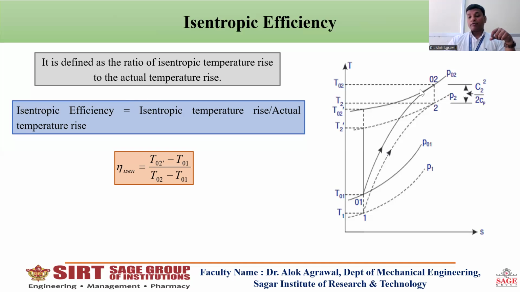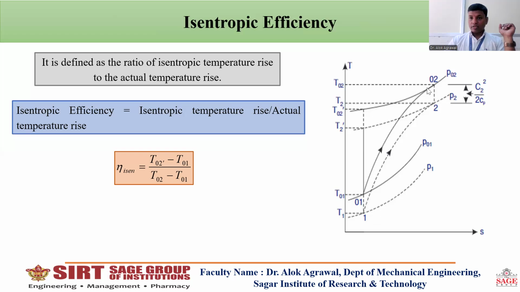If you want to see the difference between the stagnation temperature T02 and the static temperature, it is C2 square by 2Cp, which has been seen in equation 2 or equation 3. So what is the isentropic efficiency? It is the isentropic temperature rise, T02 dash minus T01, divided by T02 minus T01.